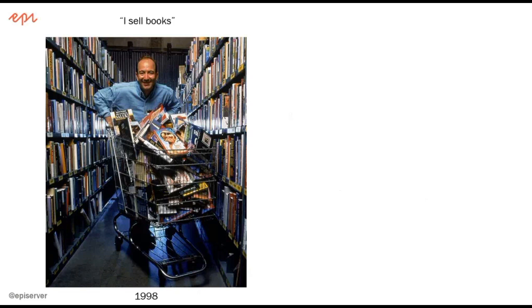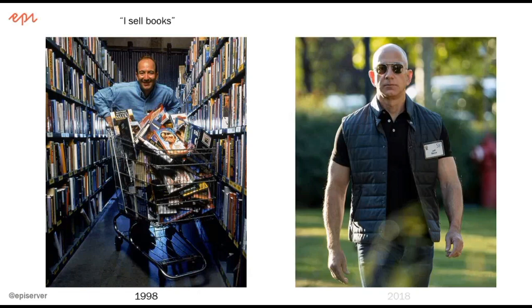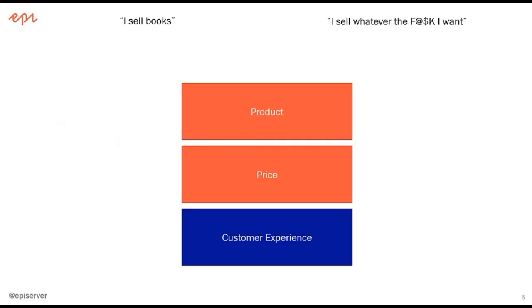He looks pretty innocent in 1998, just selling a basket full of books, but as we know now, in 2018, this guy and this company has really beefed up, and they can basically sell whatever they want. They're coming in and disrupting categories along with other FANG, Facebook, Amazon, Netflix, Google, others that are using digital to disrupt all industries. It's something we've now got to really pay attention to.